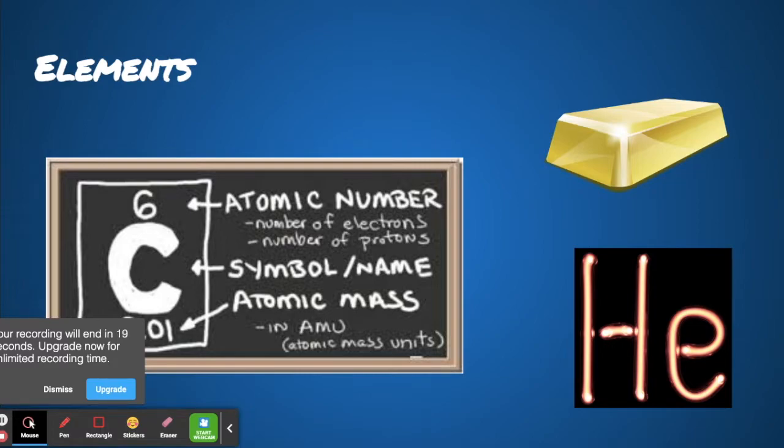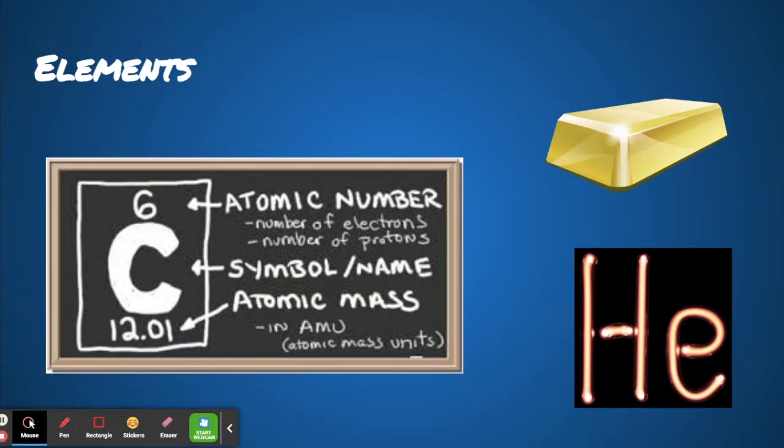So like I said, a different number of neutrons is a different isotope. For instance, there's carbon 14, which would mean that instead of having 6 neutrons, it would have 8 neutrons instead.